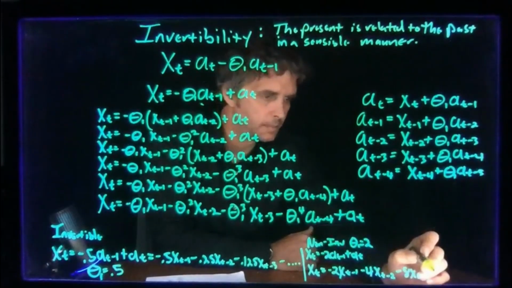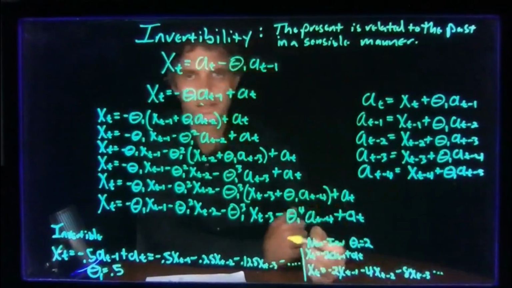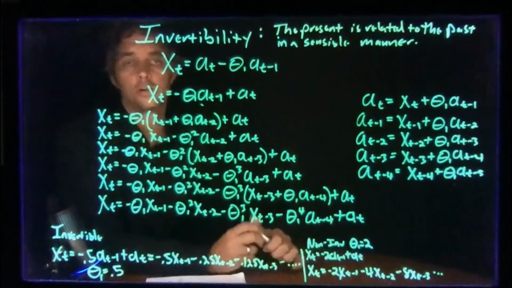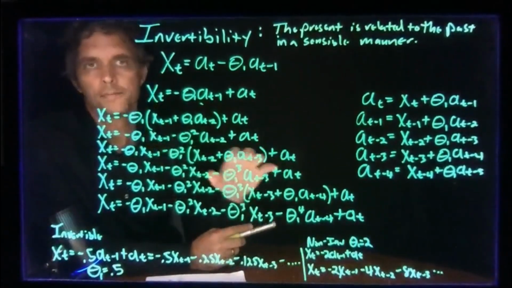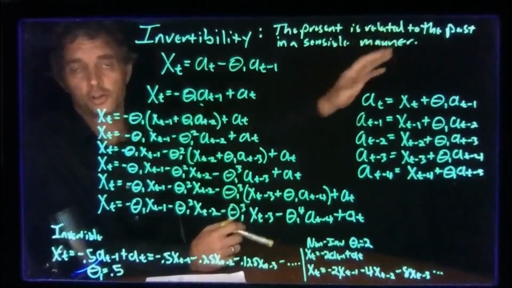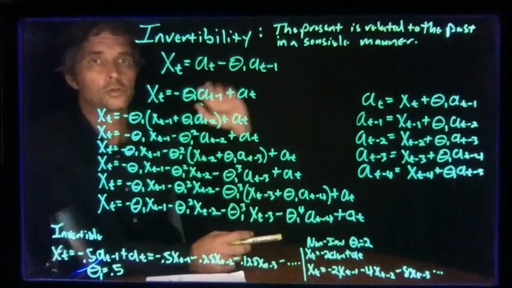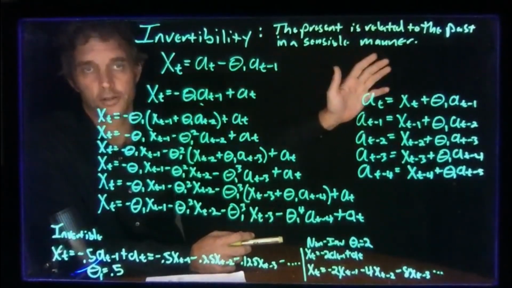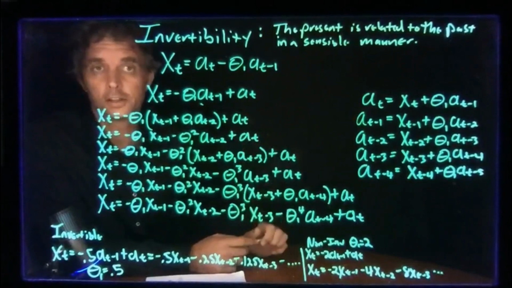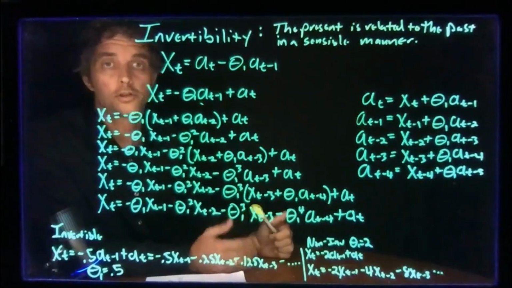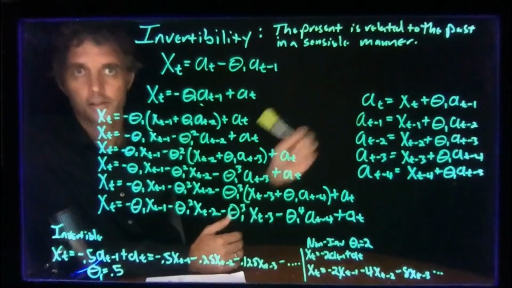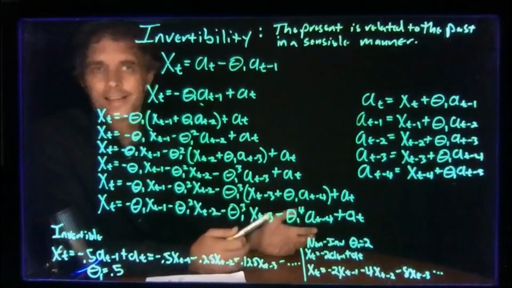And that'll just keep on going. The next one will be 16, then 32. If we go out a trillion time units ago, the coefficient of X_{t-a trillion} will be 2 to the trillion. And that's just not sensible.